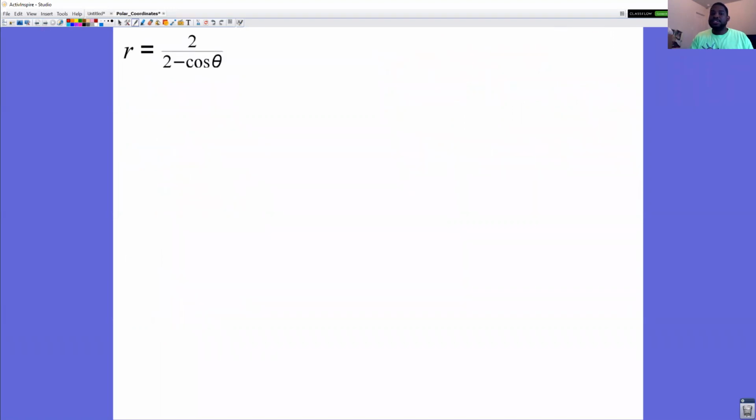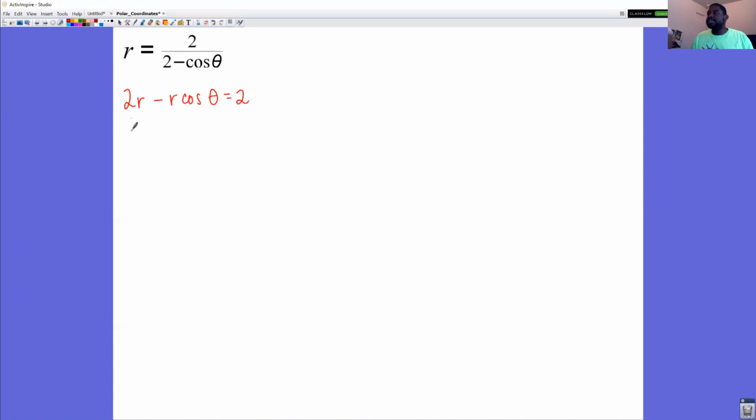Here's our next equation. It's r equals 2 over 2 minus cosine theta. And so the process is going to be the same. We're going to multiply both sides by 2 minus cosine theta. That's going to give you 2r minus r cosine theta equals 2.